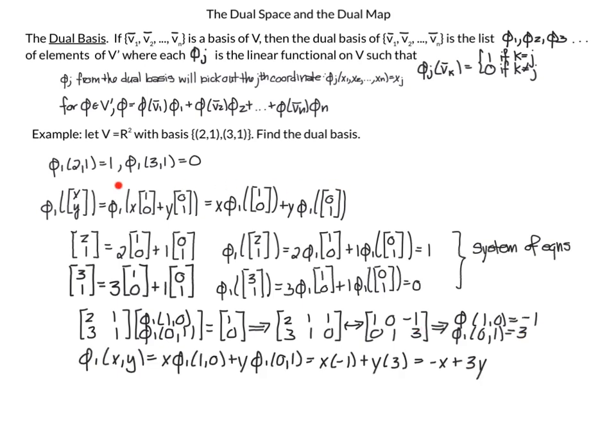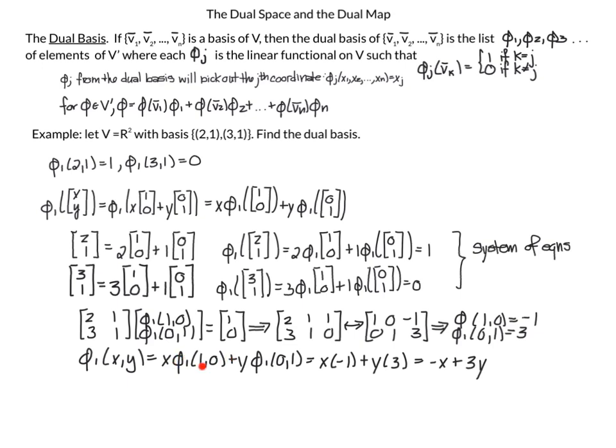Now I'm going to rewrite this equation here, but instead of using these column vectors, I'm going to have row vectors. So I have my phi 1 of (x, y), that's what this is, is equal to x times phi 1 of (1, 0) plus y times phi 1 of (0, 1).